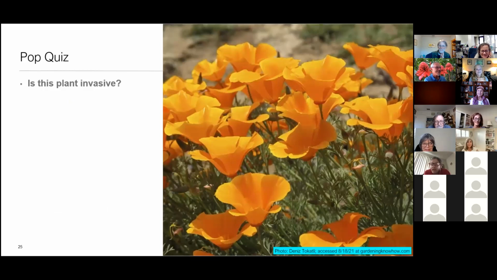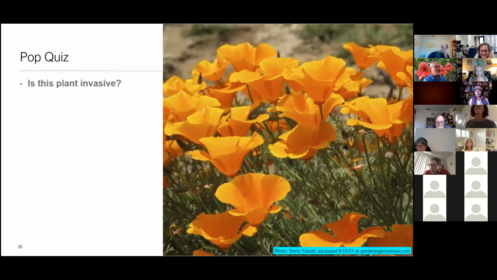So pop quiz, is this plant invasive? You'll have to do a self-analysis on your quiz results here. But if you know this is the California state plant, California poppy, you would say, no, of course not. It's our state flower.